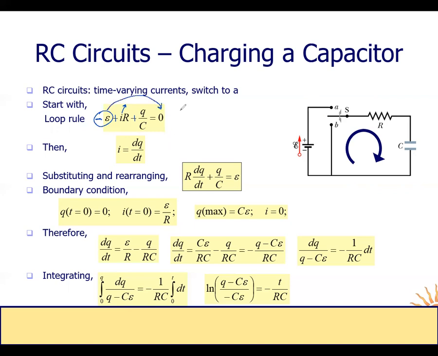So we get IR plus Q divided by C equals plus E. With I equals dq divided by dt, we get R times dq divided by dt plus Q divided by C equals E.